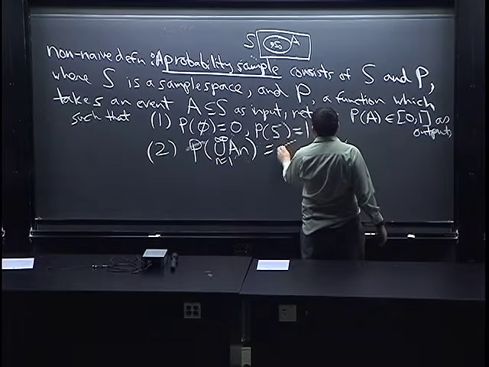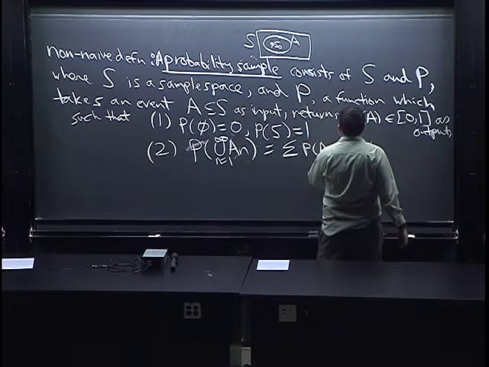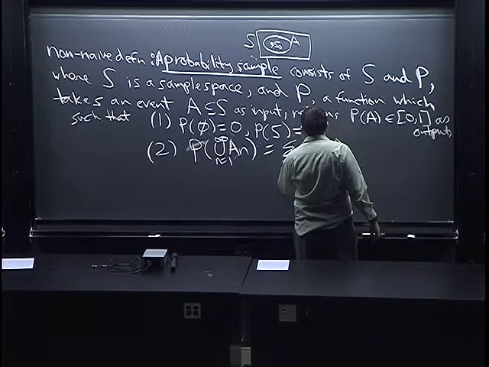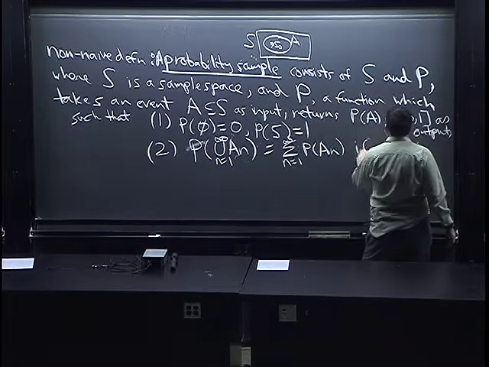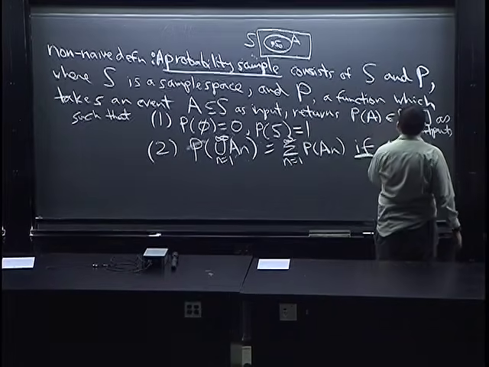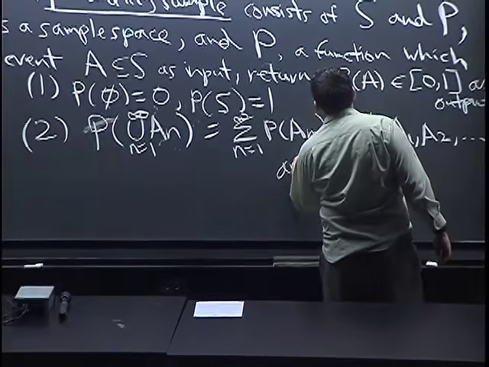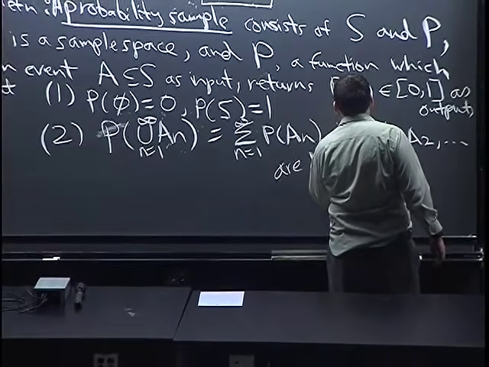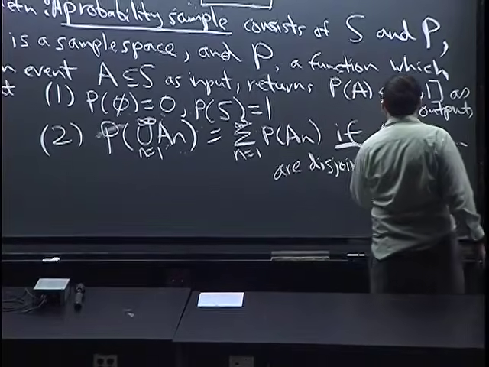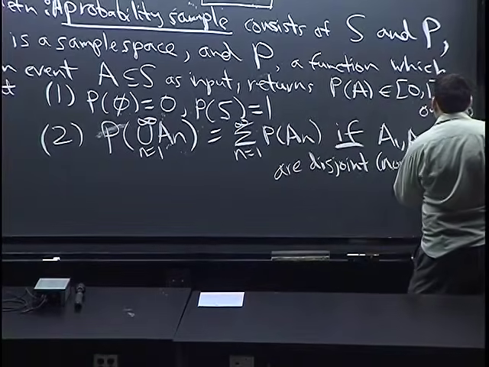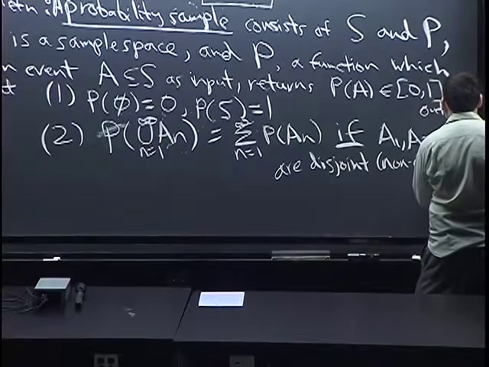So the probability of the union equals the sum of the probabilities, and there's an important condition there. That's true if the A1, A2, etc. are disjoint, which just means that no two of them overlap. So I'll just say non-overlapping. So those are the two axioms of probability.